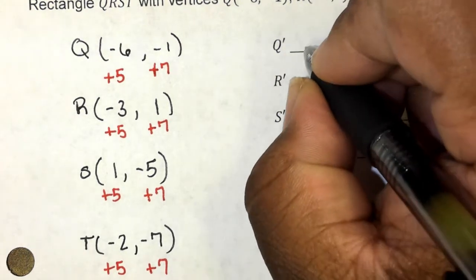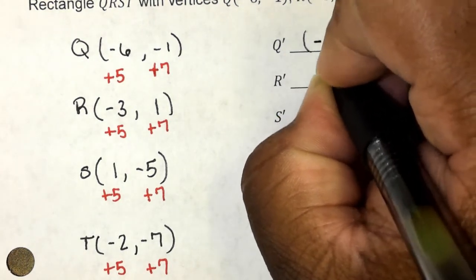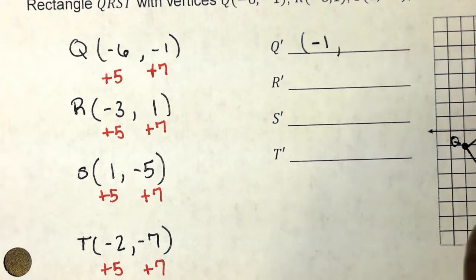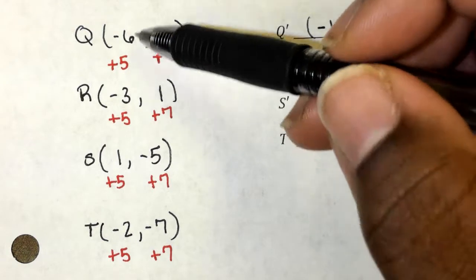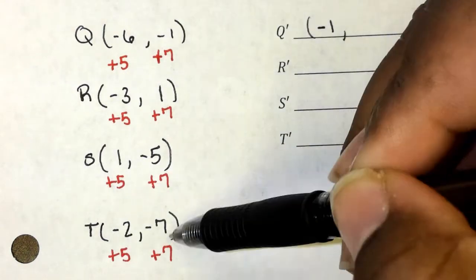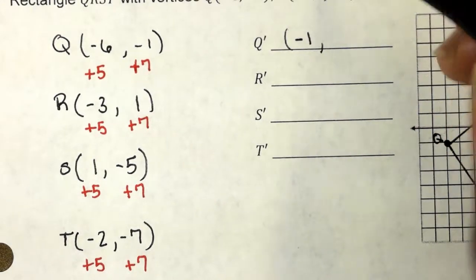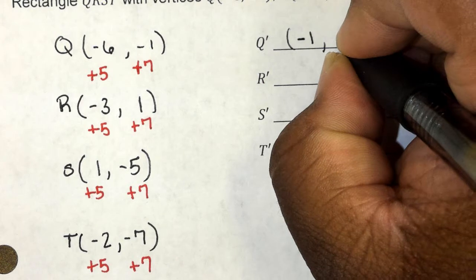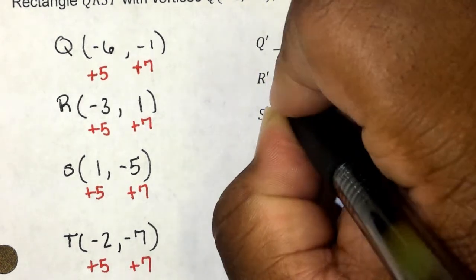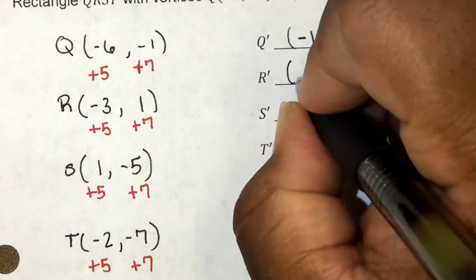So -6 plus 5, -1. And I told the kids in the other class, I don't know how some of y'all are, you can do all your x values first and come back and do your y's, or you can just bounce over if you don't get confused with your numbers. -1 plus 7. Then for R, -3 plus 5.